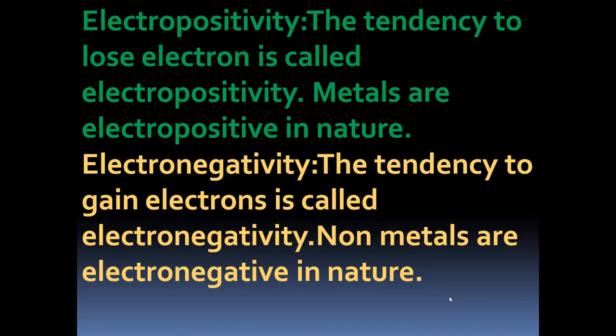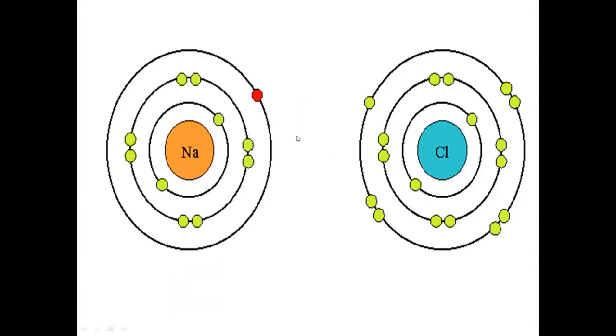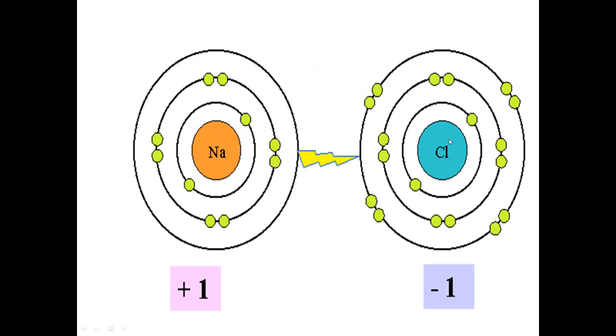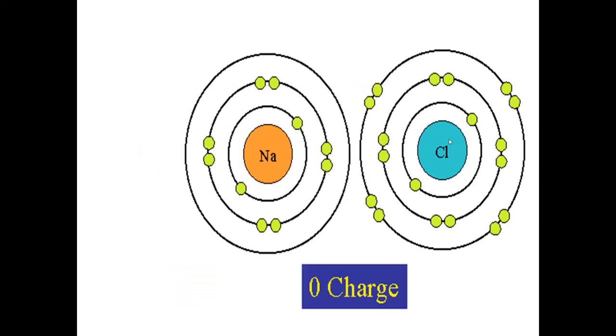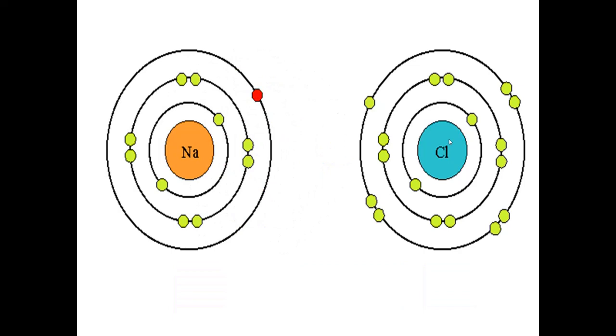So the tendency to lose electron is called electropositivity. Metals are electropositive in nature. In this example, sodium is a metal and it is electropositive in nature since it donates the electron. Chlorine is a non-metal. It gains the electron. It accepts the electron.